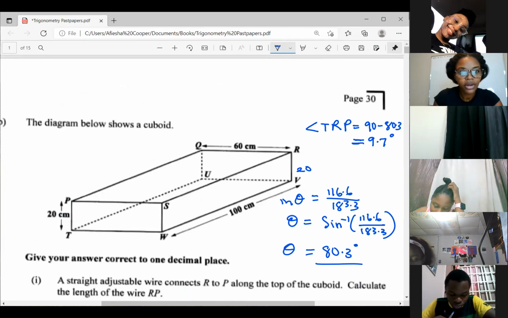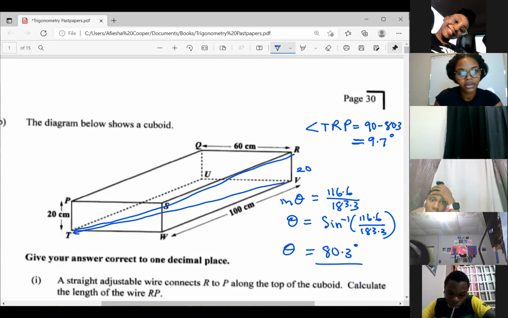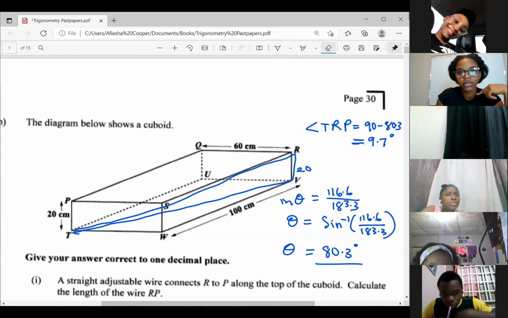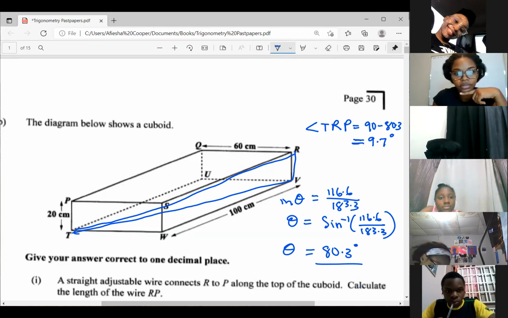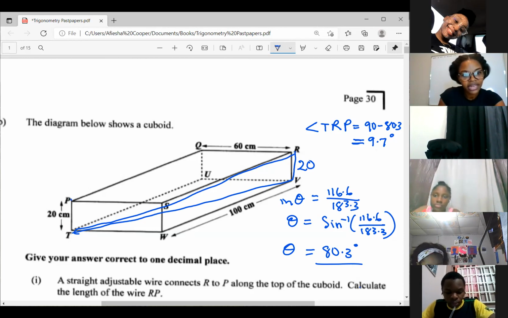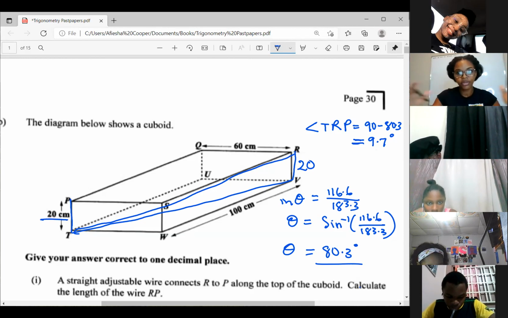So R going down to T, back to V. So what's the length of RV? 20. So we want 20 on this side as well, which is PT, right? So we match the triangles to make sure we get the same.